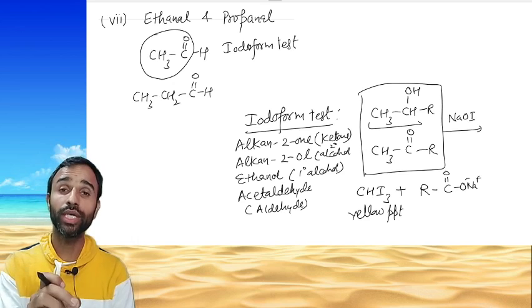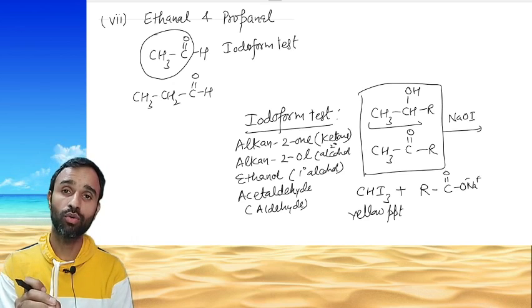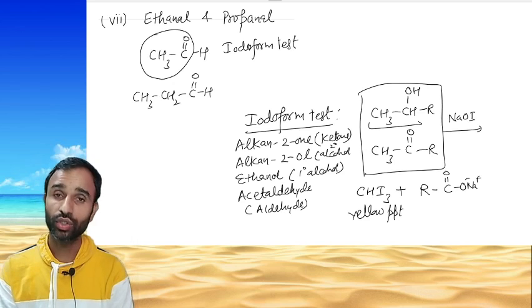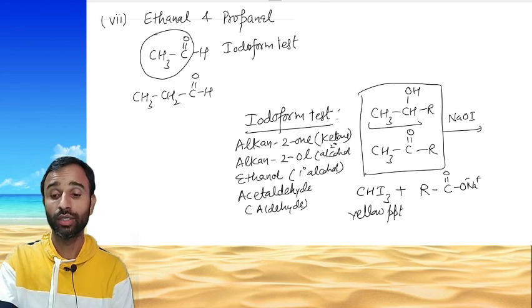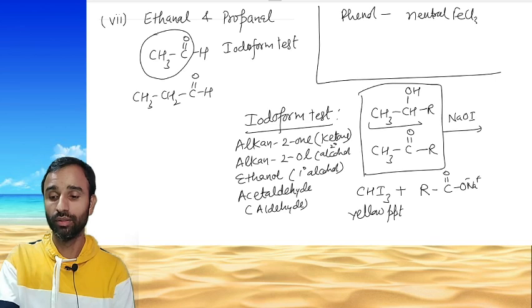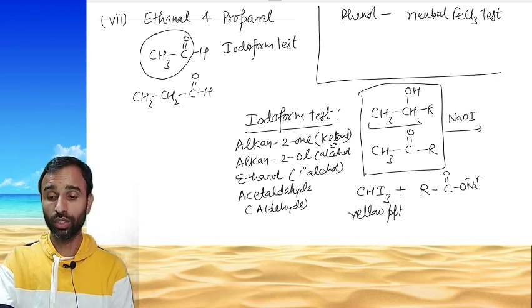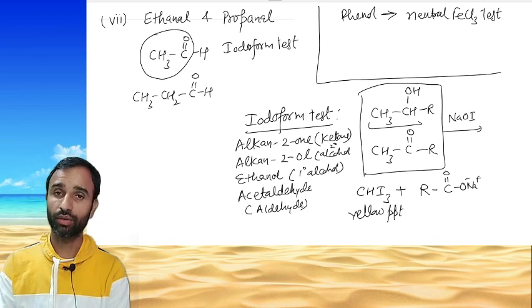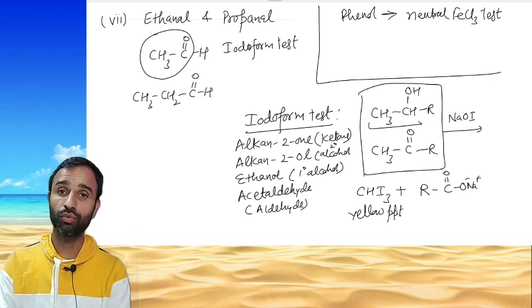If phenol is with any other compound except carboxylic acid, then you will go for the neutral ferric chloride test. This is especially for phenol. With phenol, neutral ferric chloride will give a violet coloration, but with other molecules it will not give any color.